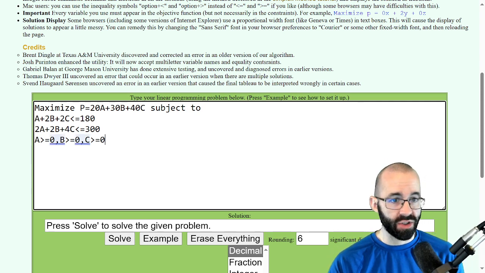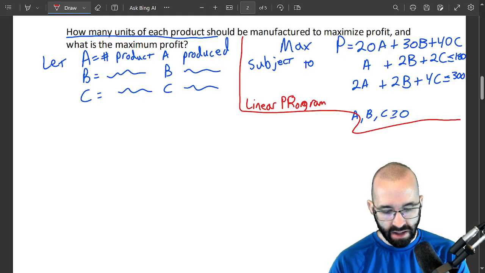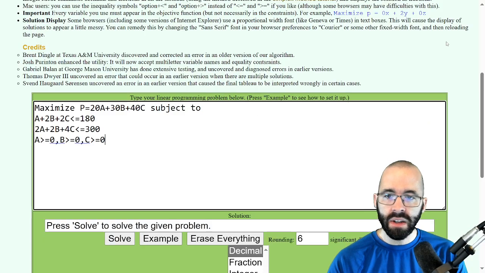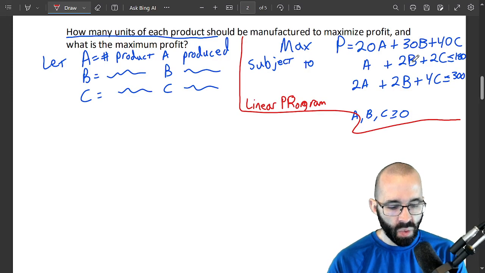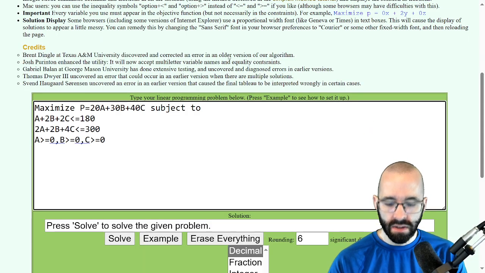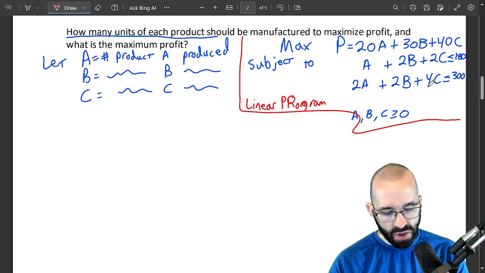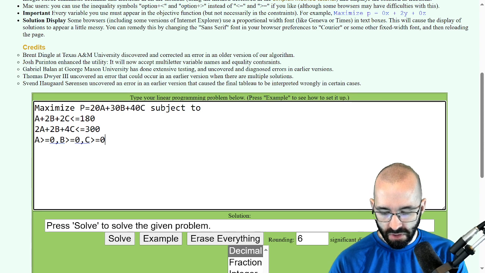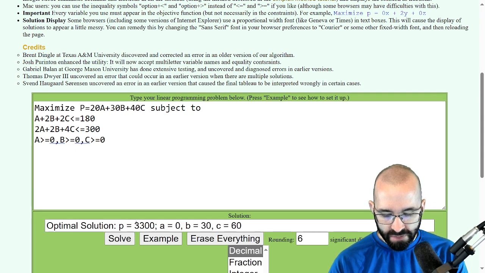So again, I'm just going to do a quick check, make sure I typed everything in right. The profits, 20, 30, 40 for each. Good, we got that. First inequality is 1, 2, 2, 180. Good. 2, 2, 4, 300. Got a's, b's, and c's next to all that. We got the non-negativities.